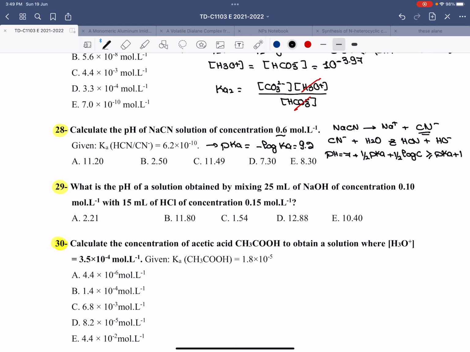So that's 7 plus half 9.2 plus half log C. This will give you 11.5. Is it greater or equal than 9.2 plus 1, 10.2? Yes. This is your pH. 11.5. Actually, it's 11.49. And I did an approximation, which is why it's important in pH you don't approximate. Okay, another recording.